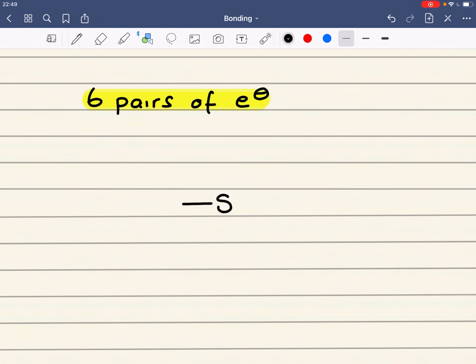So I've got 1. I'm going to draw them above and below. And it doesn't really matter because all these are equivalent, so it doesn't matter where my lone pair is. And this is for an SF5 minus ion.